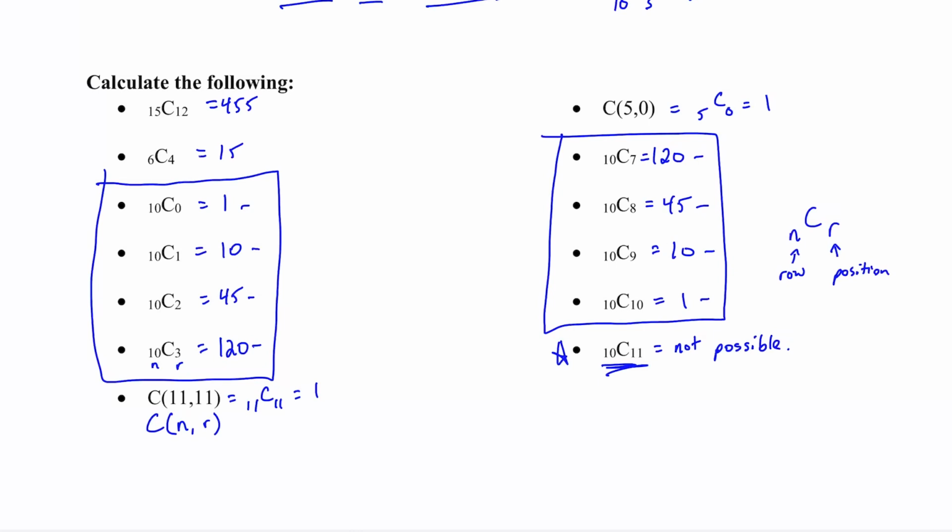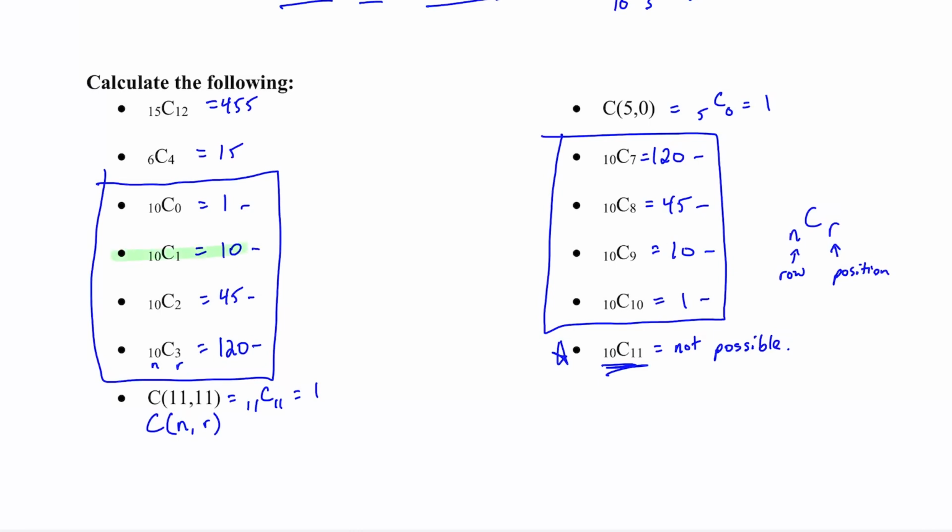And this is really unique. Pascal's triangle gives us all of these answers. But of course, we have other ways to solve this as well, using our calculators or using the formula of n factorial over n minus r factorial, r factorial.